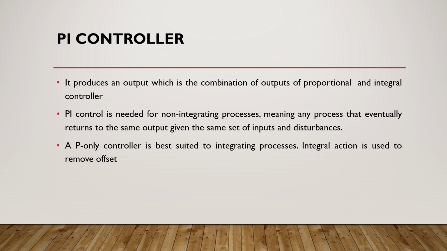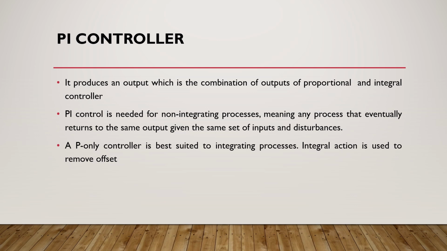That's why we combine the integral controller with the proportional controller. By using this combination, we improve the response of the control system by decreasing the steady state error, without affecting the stability of the system.